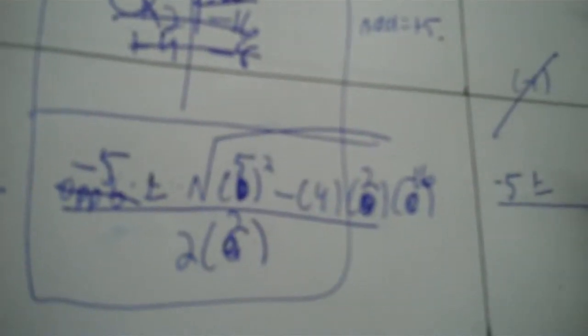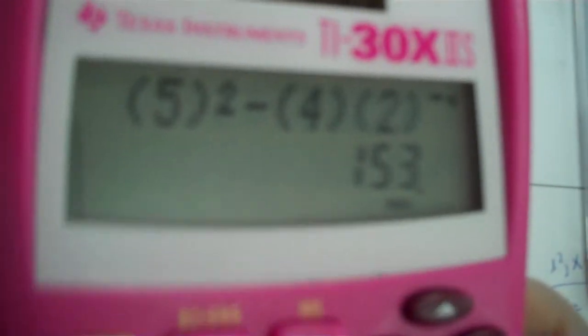I can't factor it. Okay, so negative 5. Then we know that 2 times 2 on the bottom is 4. Now, make the square root and just plug the inside of it into a calculator. So you have 5 in parentheses, squared, minus 4, 2, and negative 16. Now you get 153 in there, but you need to find the square root of it. So second square root, 153, 12.37.